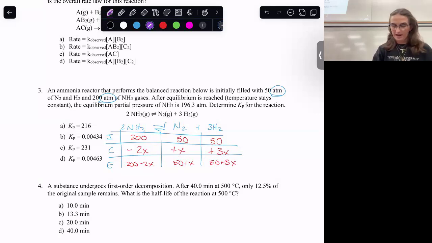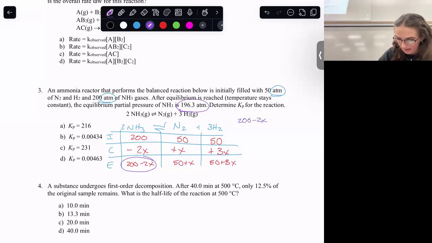But we're given that we have 196.3 atm at equilibrium. So that is what this is equal to. So we can say 200 minus 2X is equal to 196.3, because I know my equilibrium partial pressure is 196.3 for my ammonia. And this 200 minus 2X would give me that pressure of ammonia.